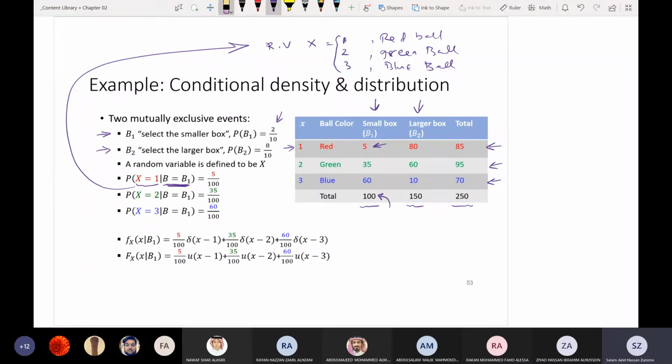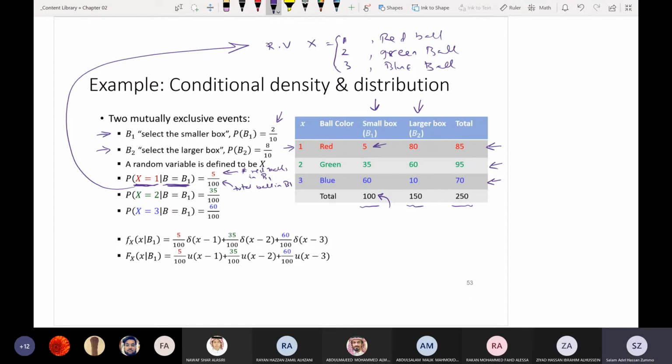So in order to solve this, I usually translate the event of the random variable into what it means in the sample space, which is X equals 1 means the red ball. So here, 5 is the number of red balls in box number 1, and the 100 is the total balls in box number 1.